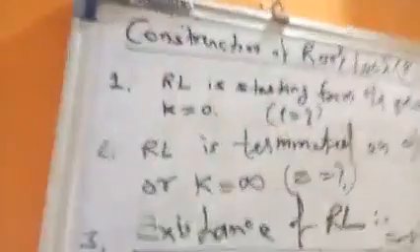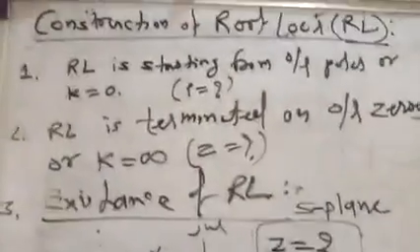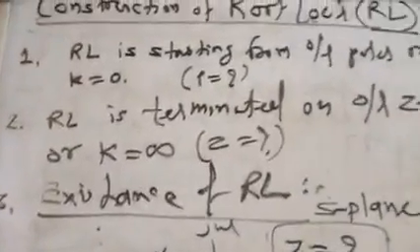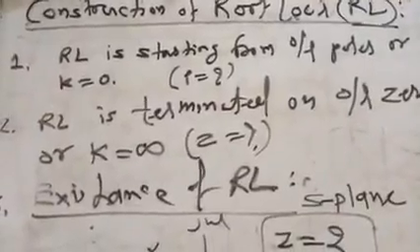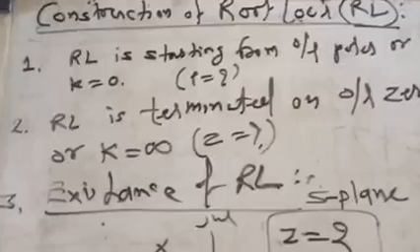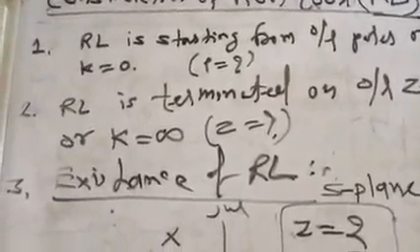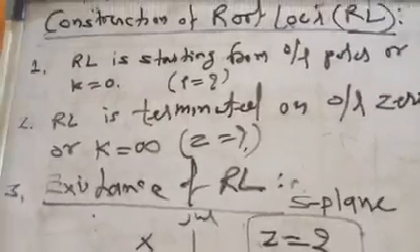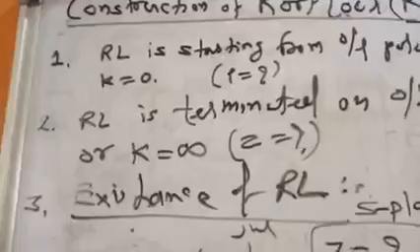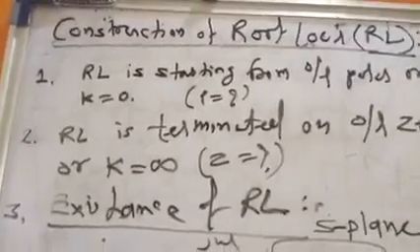Let us go to the next point: the construction of root locus. This is the introduction, because when we solve the question, we will understand each and every point in detail. But these are the main salient features of root locus construction.